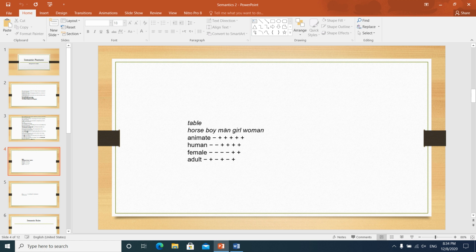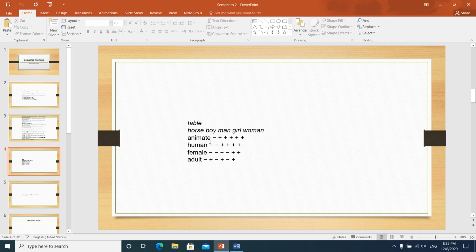So for example, man is minus female, but it is plus adult. The difference between man and boy, for example: man is adult, while boy is not. So man takes the property of plus adult, and boy takes the property of minus adult.